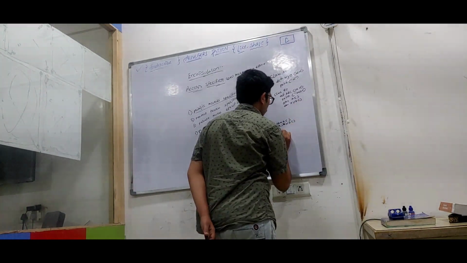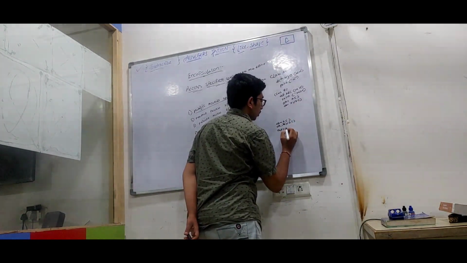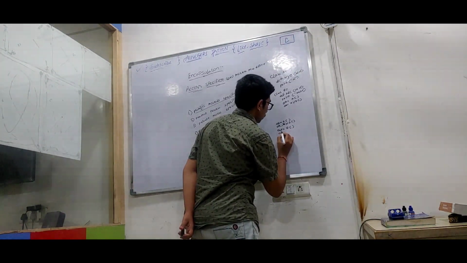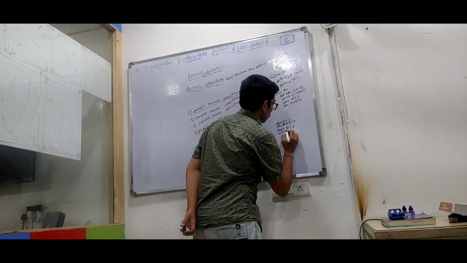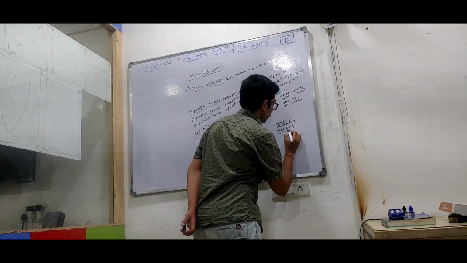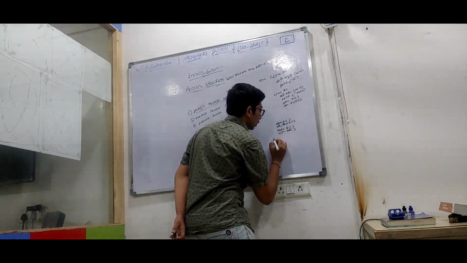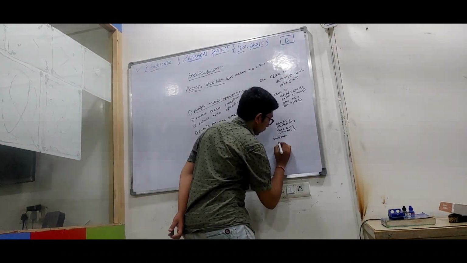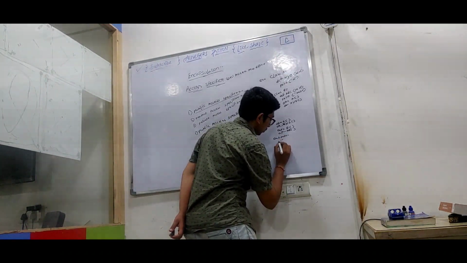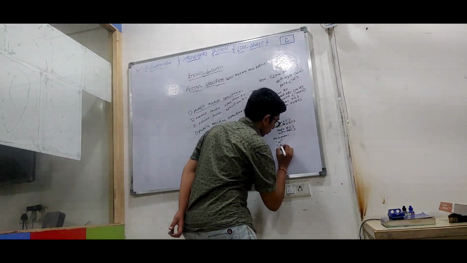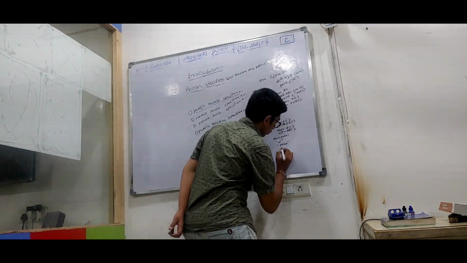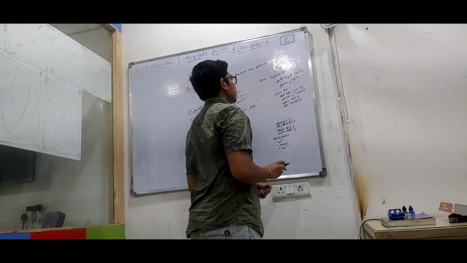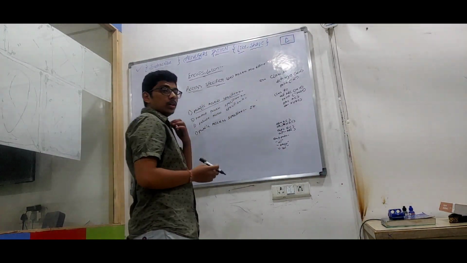Finally we call B, and then we get the output. This is the public class.